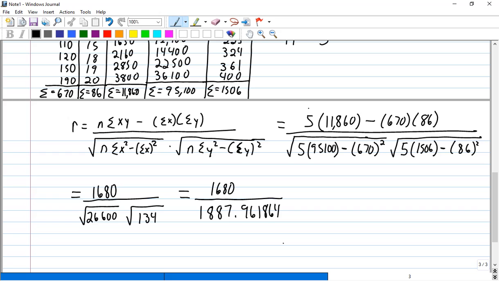All right, so we want to round R to a couple of decimal places, so we need to carry it out a couple more decimal places than we want to round it. Whenever I work that out, I got 0.8898.